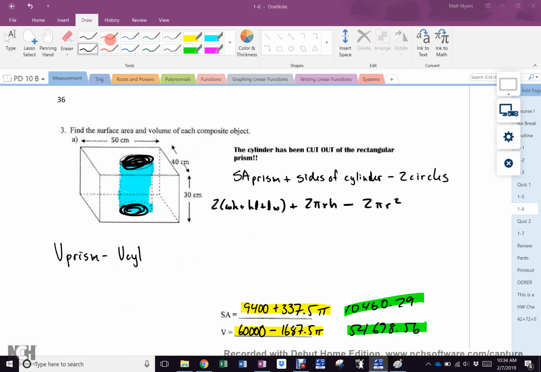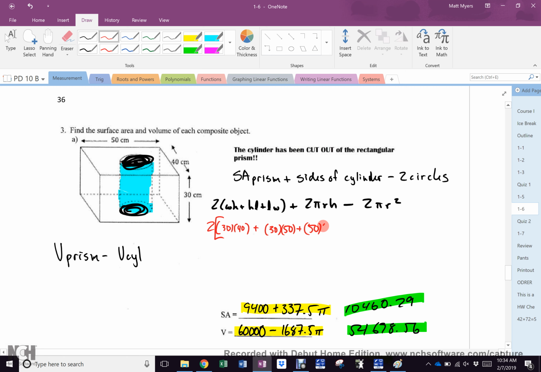Then you just put in your numbers. 2WH: 30 times 40, plus 30 times 50, plus 50 times 40. And when you do all that math, you get 9,700. Plus 2 pi RH: 2 pi 7.5 times 30, which is 450 pi.